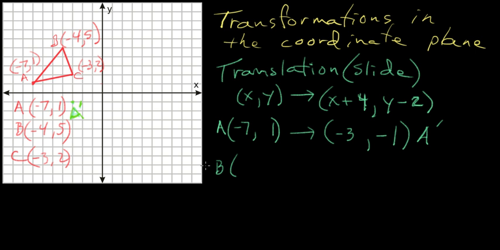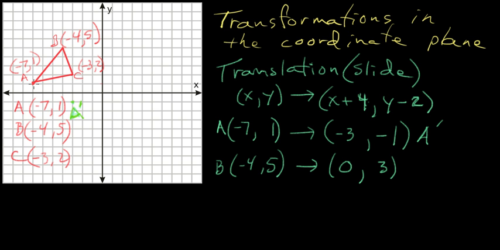B. The original point B is -4, comma, 5. So I'm changing that to -4 plus 4. So what's the new X going to be? It's going to be 0. What's 5 minus 2? Because the old Y is 5. The new Y is 5 minus 2, which is 3.